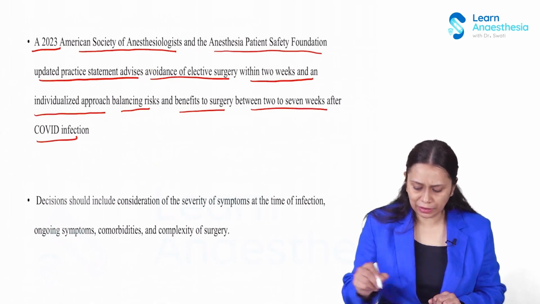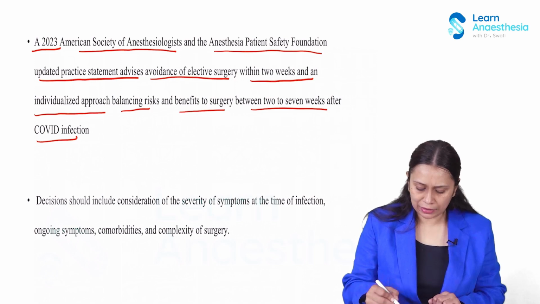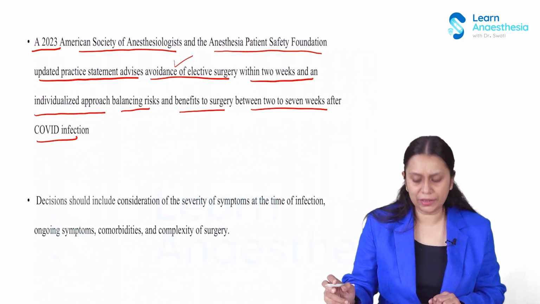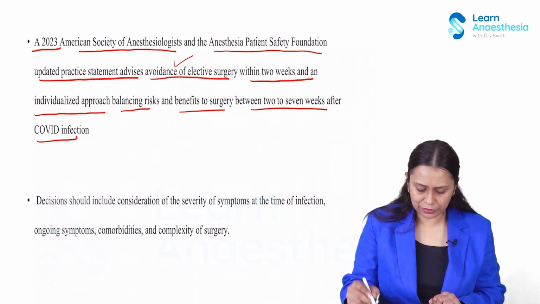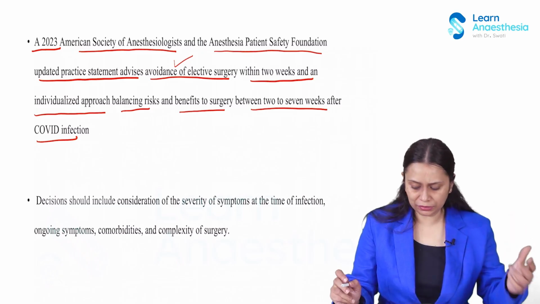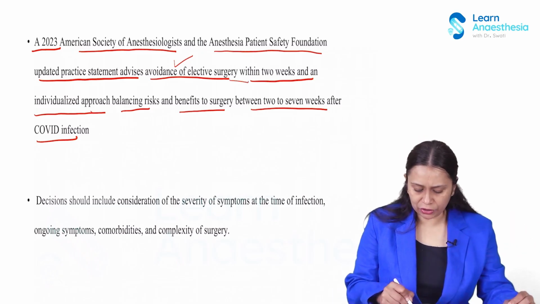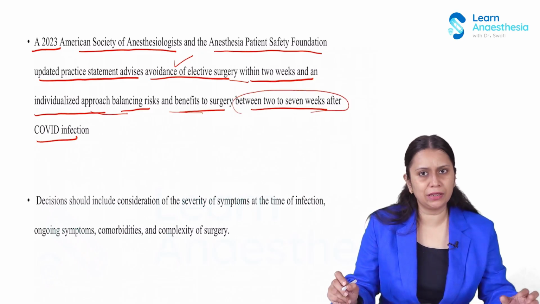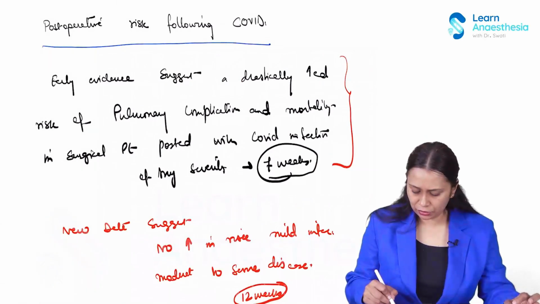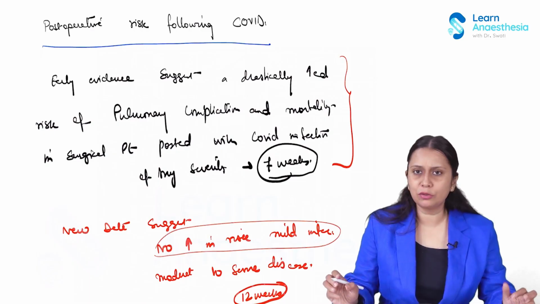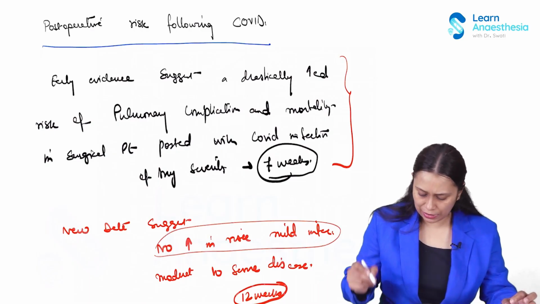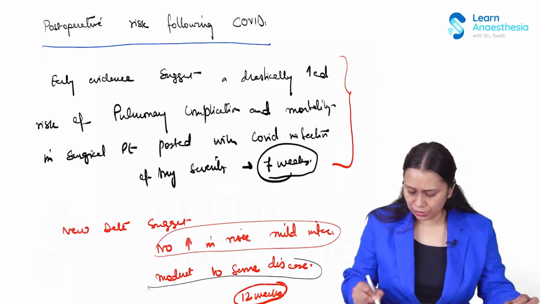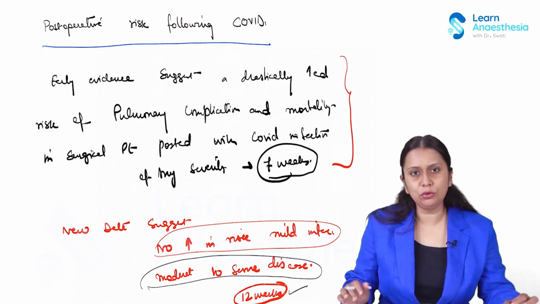The recent guideline has changed this to an individualized approach between 2 to 7 weeks after COVID infection. And as I said, mild infection, no increased risk, so the patient is taken for surgery. And moderate to severe infection, there is an increased risk up to 12 weeks.